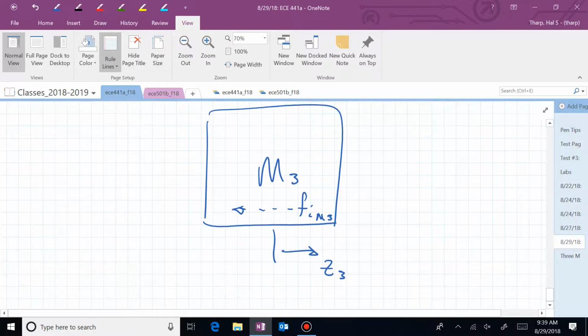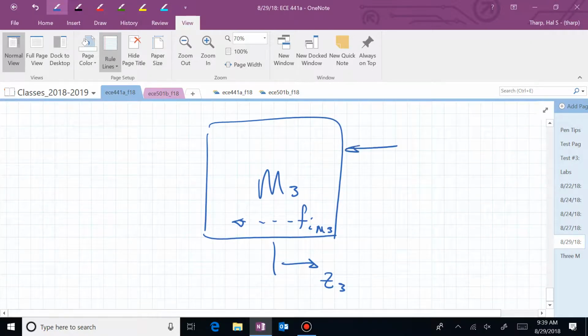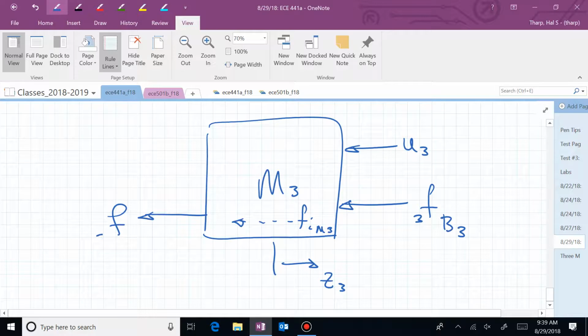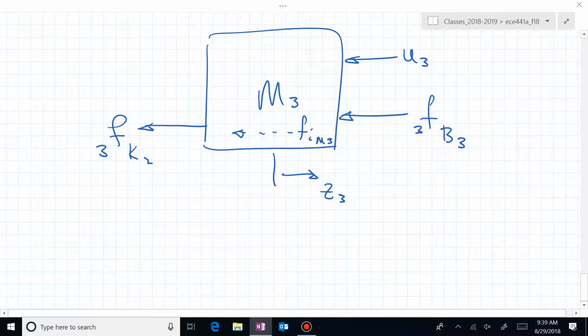So now I have u sub 3, f sub 3 of b sub 3, and f sub 3 of k sub 2. Is that everything for mass 3?